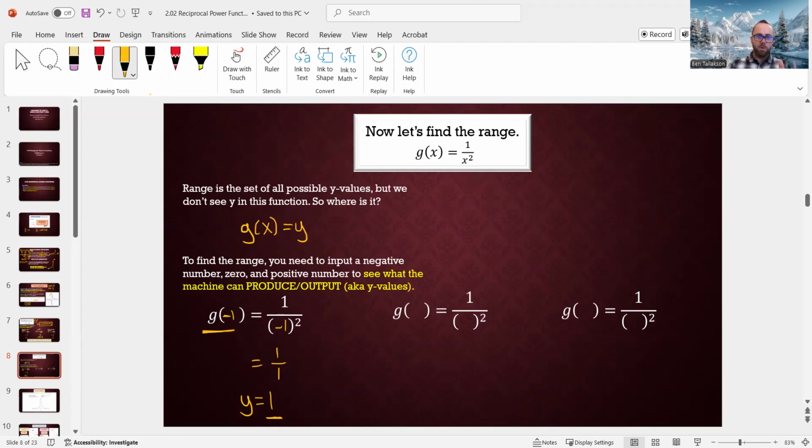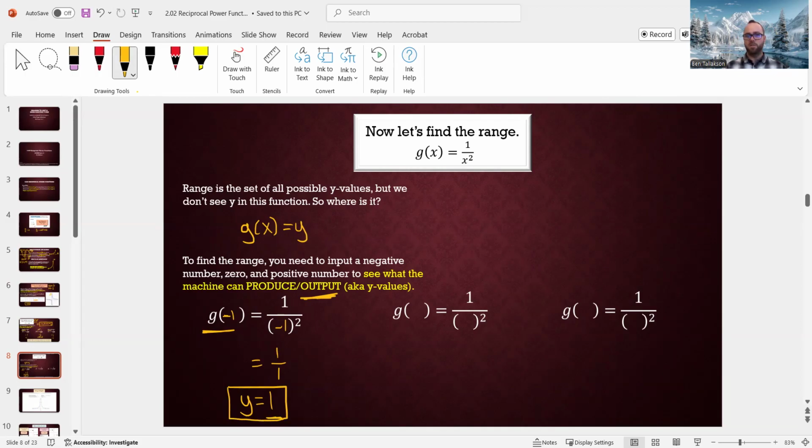Yes. We put in a negative number, but remember what range means. It means possible y values. So this is all about the output, about what comes out. So this right here is what tells you that positive numbers are possible.